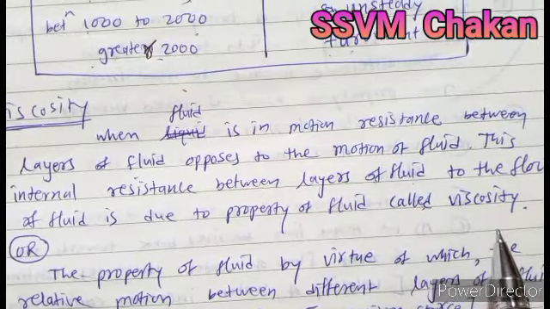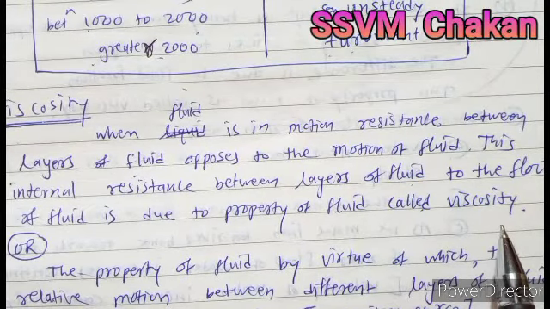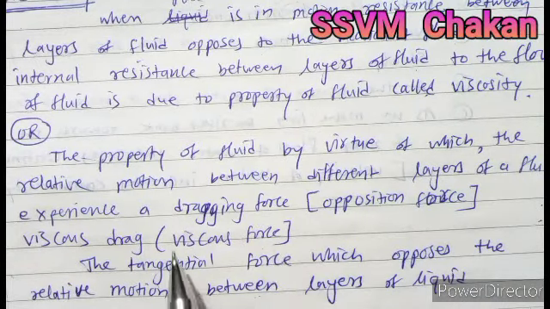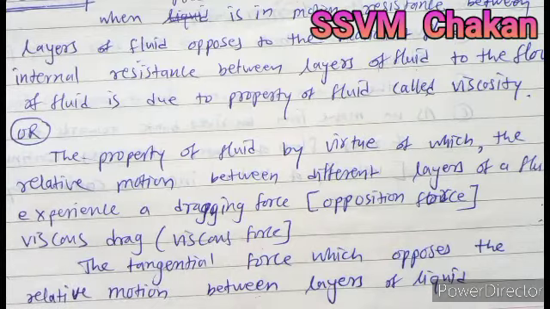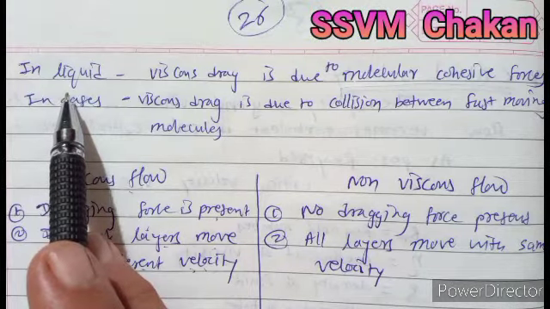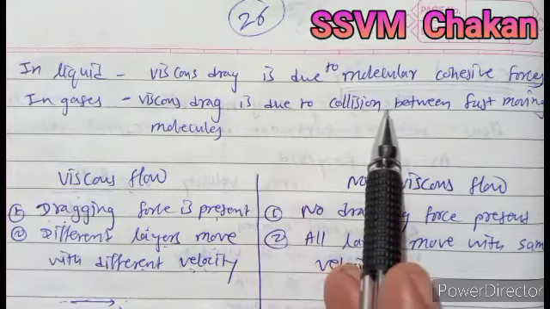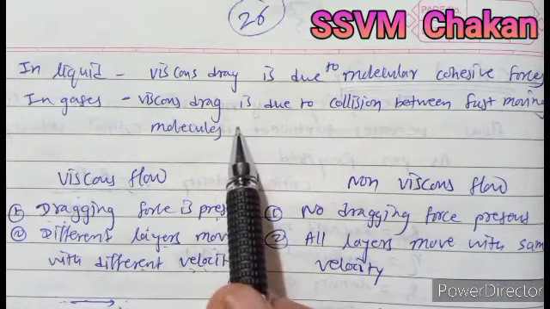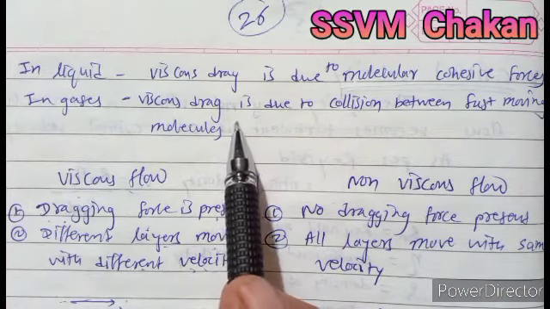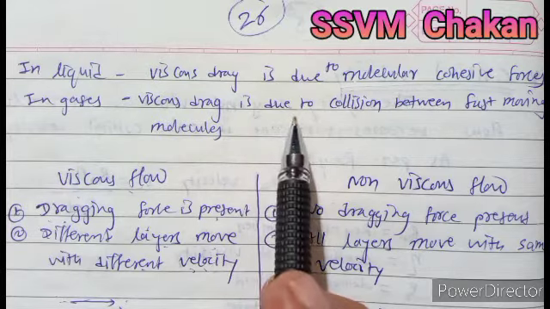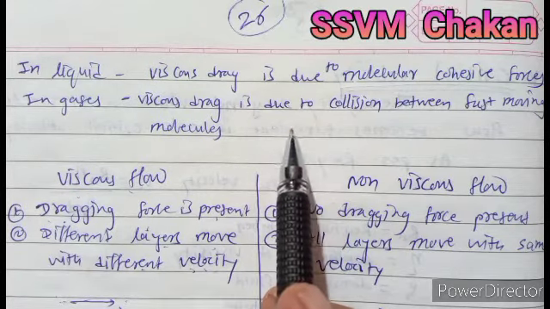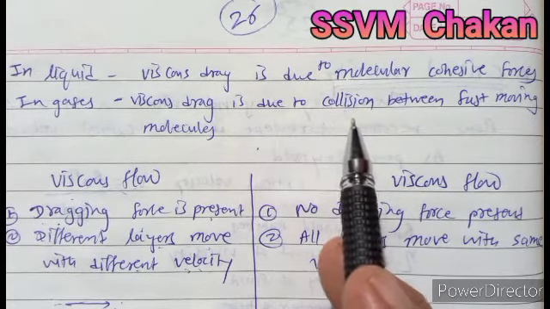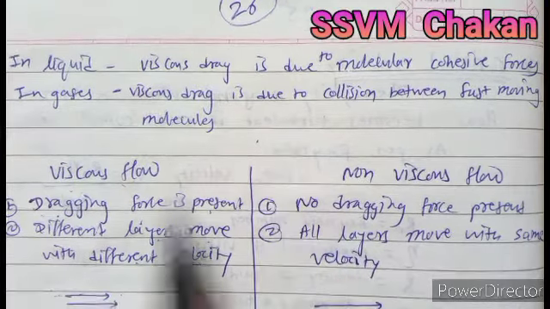Viscosity is a property because of which the motion of each layer is opposed, and the value of the force by which it is opposed is called viscous force. In liquids, viscous drag is due to the molecular cohesive force. In gases, viscous drag or viscous force is due to the collision between fast moving molecules. That is, fast moving molecules oppose the motion of the other molecules.